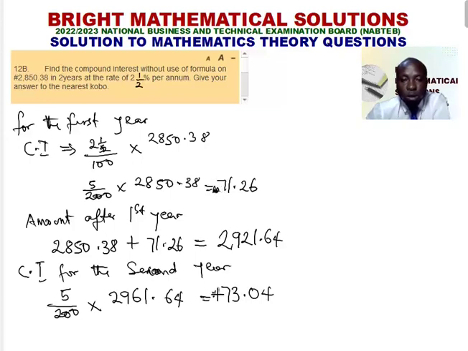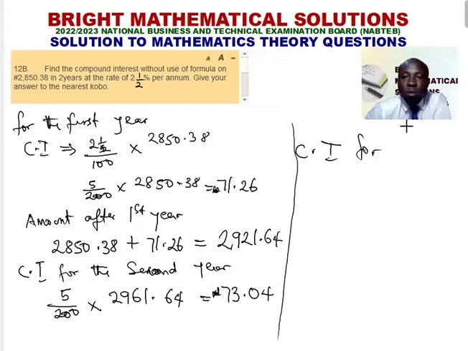Remember, to get the compound interest, the C.I. for the 2 years, that will be the compound interest of the first year plus the compound interest of the second year.